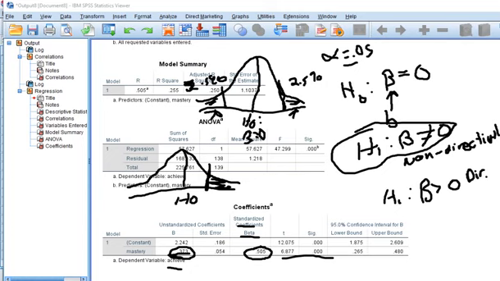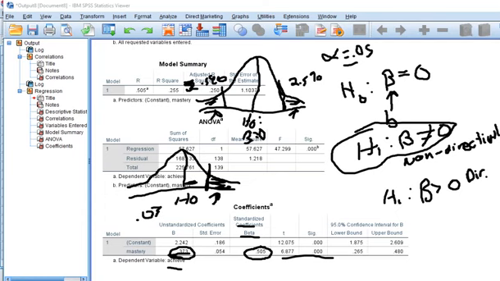So if our regression coefficient puts us up here in the upper tail of this distribution, then we would reject the null hypothesis. But if our regression coefficient was something like 0.03 and we had a t-value that put us in this area right here, then we would maintain the null hypothesis.